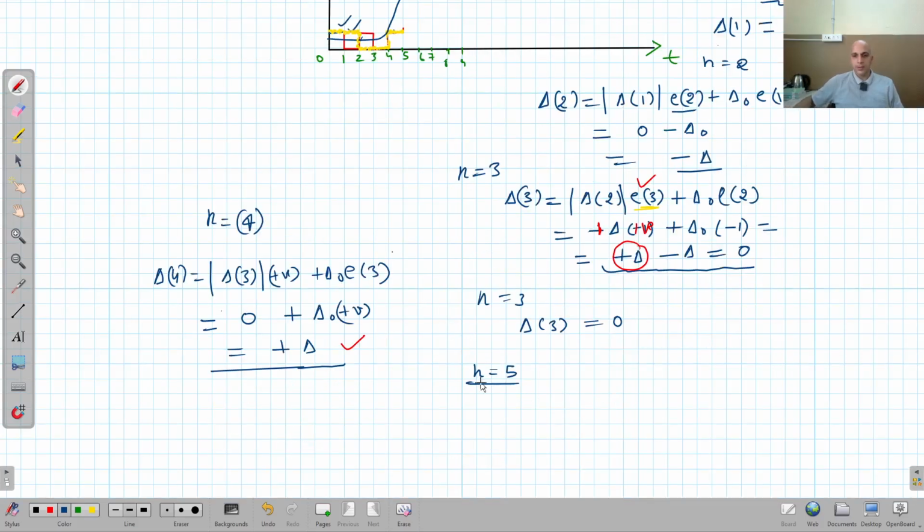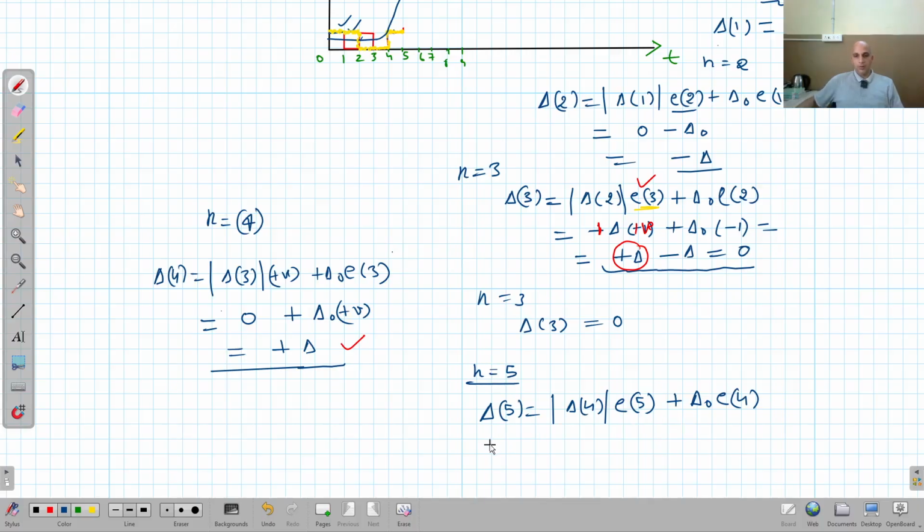Now I'm writing this expression: delta 5 is equal to modulus of delta 5 minus 1, that is delta 4, into E5, that is positive. The error signal is positive, plus delta naught, again I made a mistake, the error signal n minus 1 means E4. So E4 is positive.